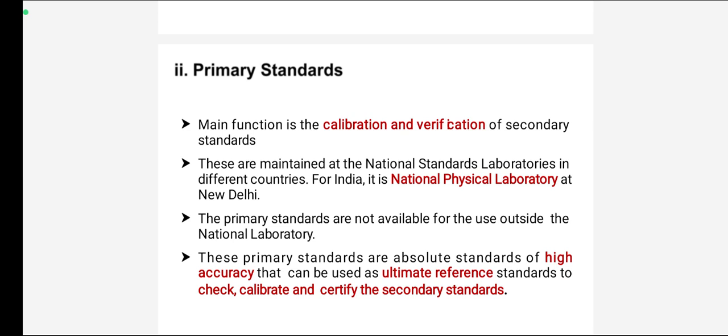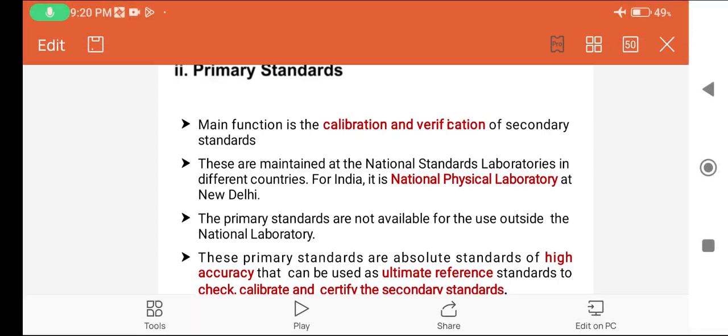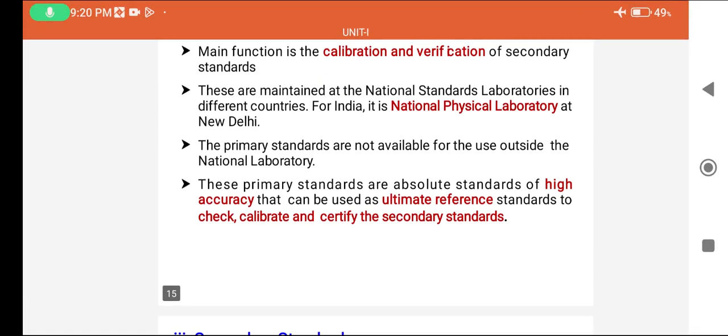For India, it is the National Physical Laboratory at New Delhi. The primary standards are not available for use outside the national laboratory. These primary standards are absolute standards of high accuracy that can be used as ultimate reference standards to check, calibrate, and certify the secondary standards.